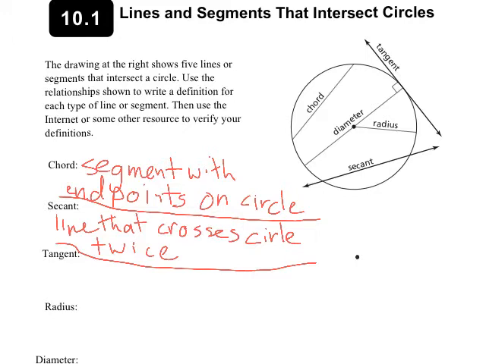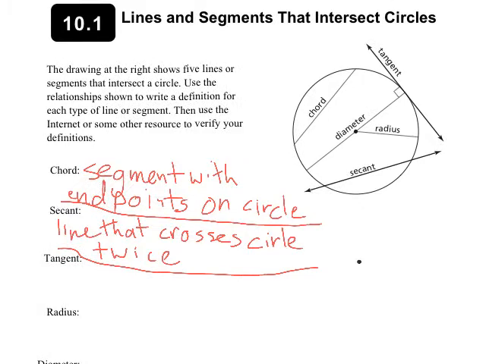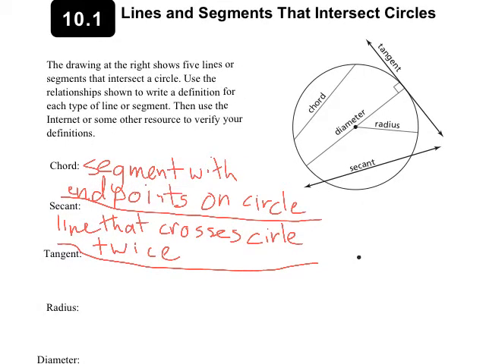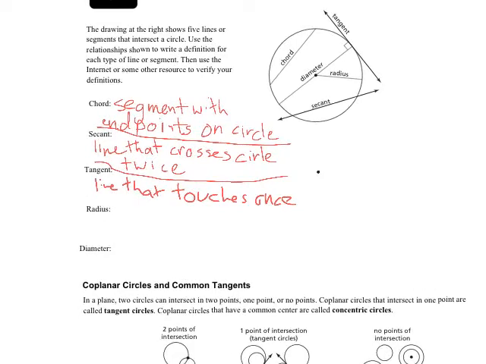So we're going to say line that touches once. I don't think we need to go over radius or diameter. At least I hope not. Okay, so those are the pieces of vocab that we need. If you know those, you're pretty good for now.